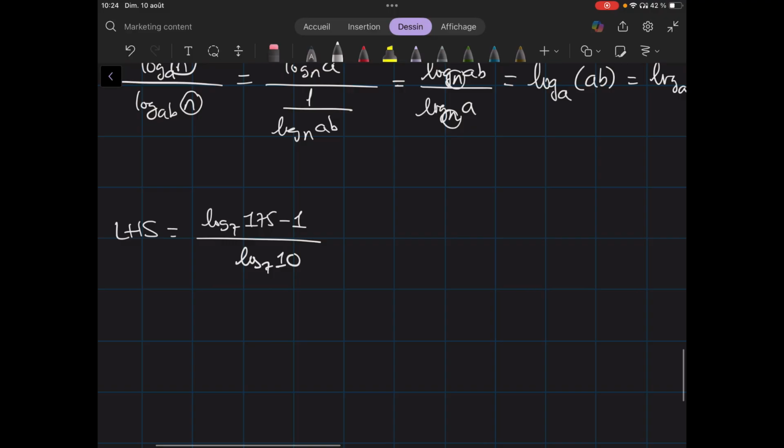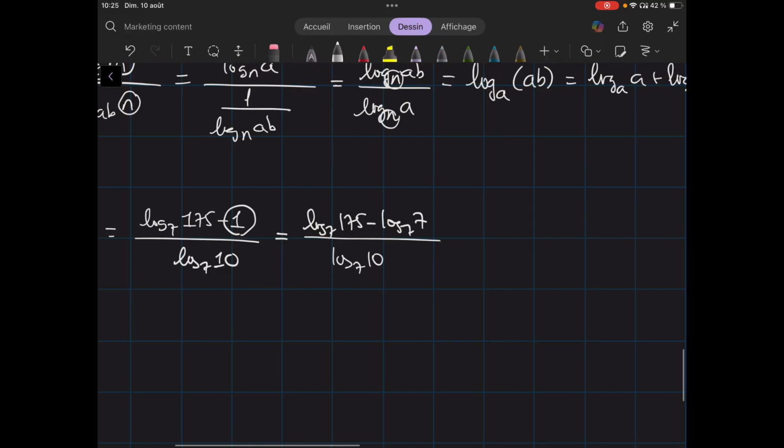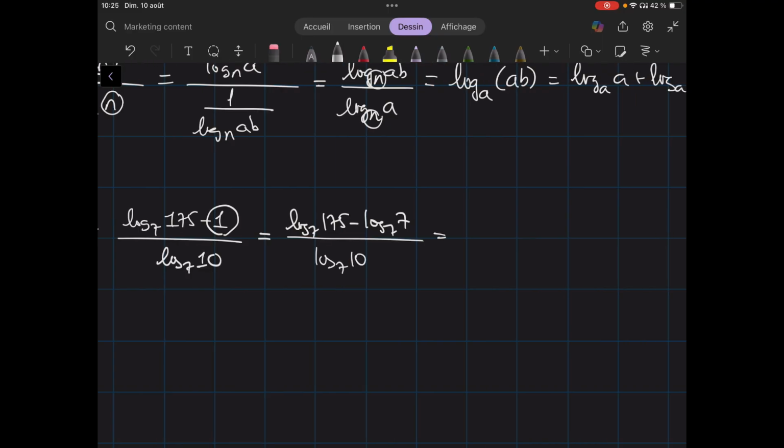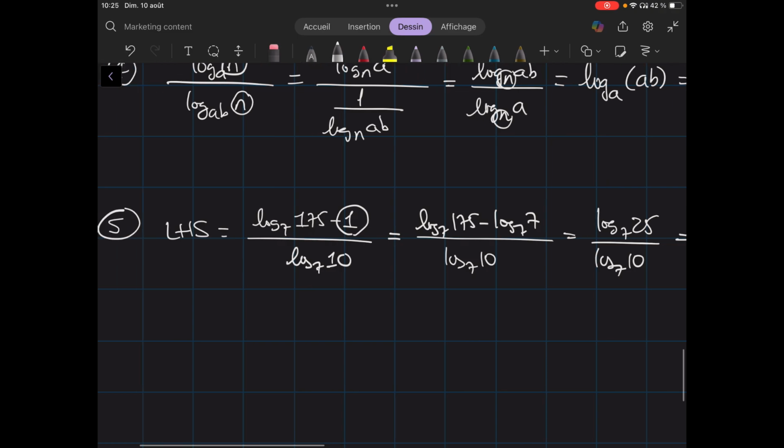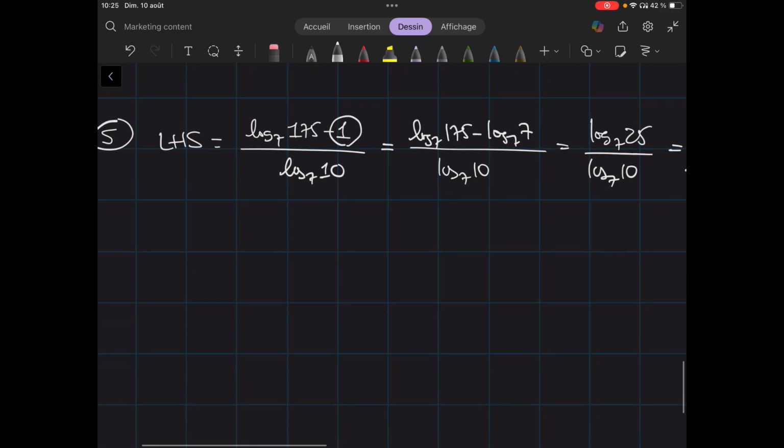This is a classic strategy. You can always rewrite 1 as log base 7 of 7. This will then give us log base 7 of 25 divided by log base 7 of 10, or log base 10 of 25. Let's look at the second term, as this one is more intimidating.